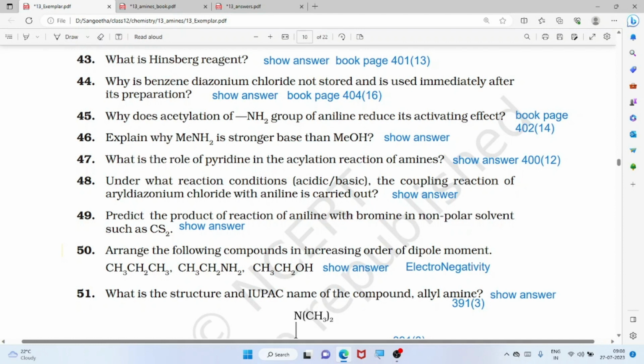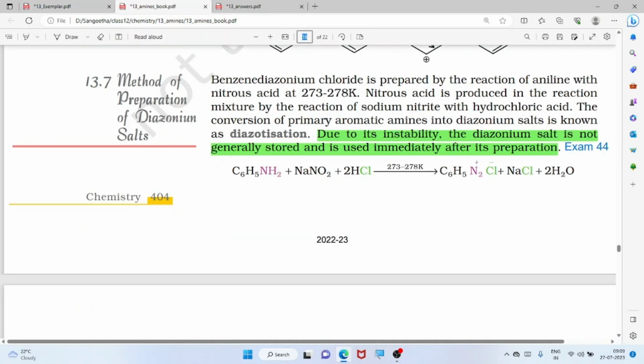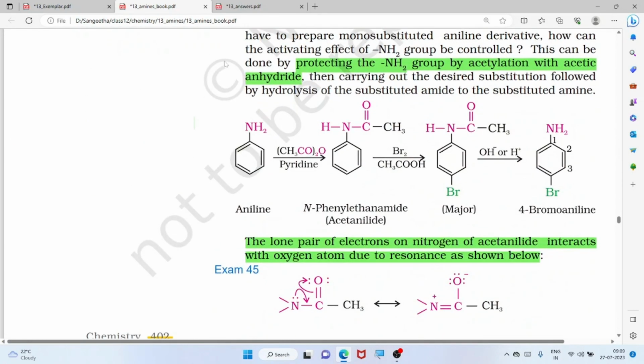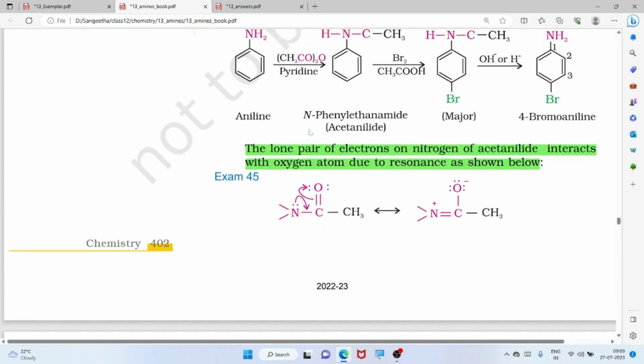Why does the acetylation of the NH2 group of aniline reduce the activating effect? The lone pair of electrons on the nitrogen of acetanilide interacts with the oxygen atom due to resonance as shown below.